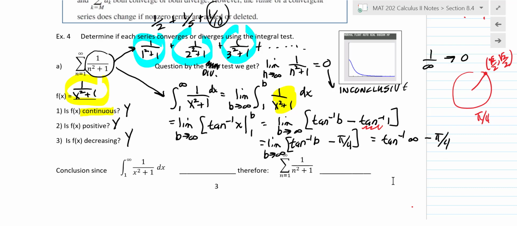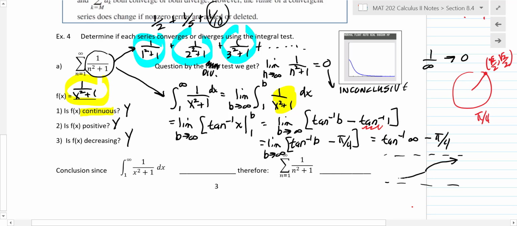Okay, so an inverse tangent's graph actually kind of looks like this. It goes like that. So if you're going out to infinity, that thing's approaching a horizontal asymptote. You remember what that horizontal asymptote is? Pi over 2. Okay, look at your unit circle if you have to. These are things you've got to review every now and then. So that's going to be pi over 2 like that.